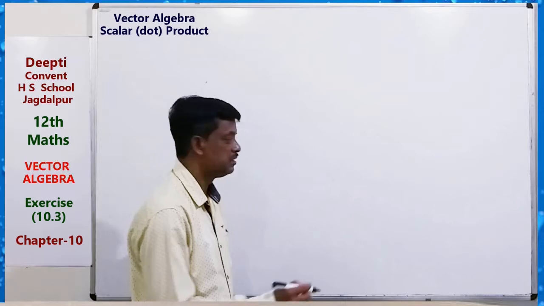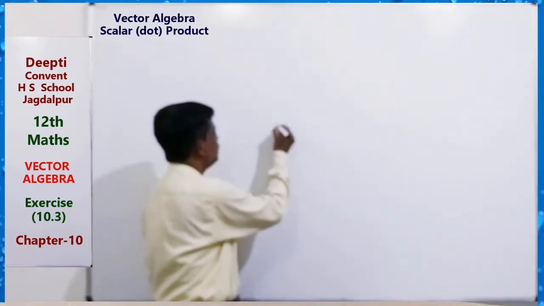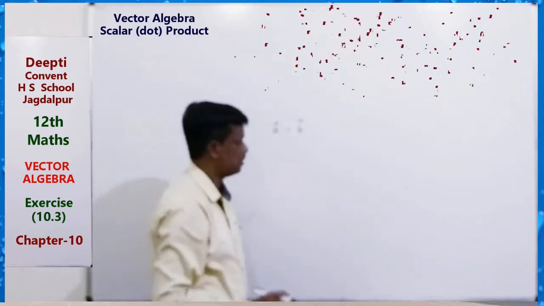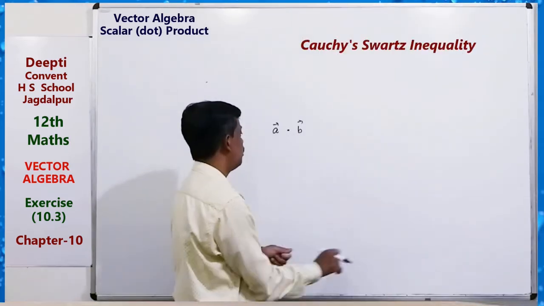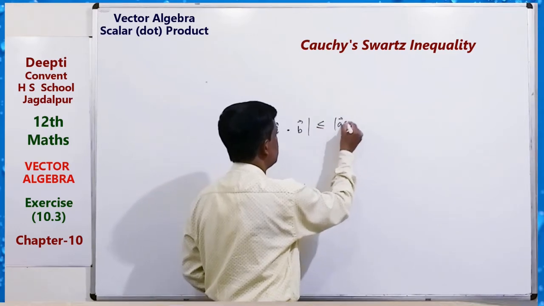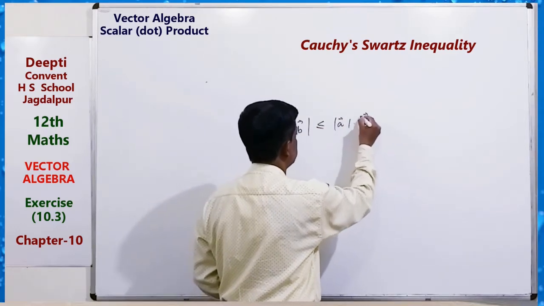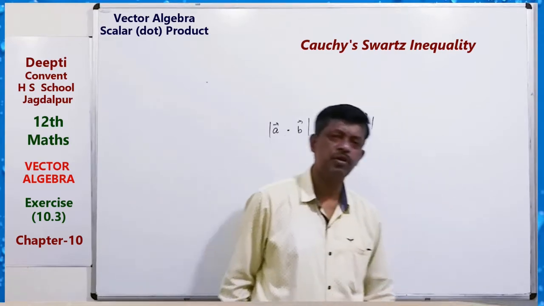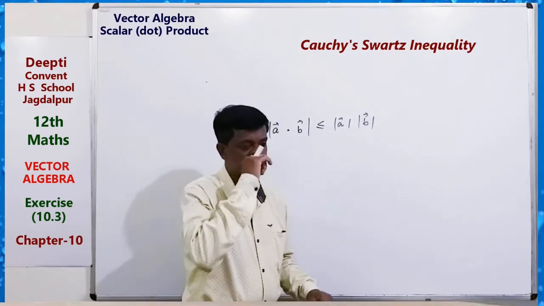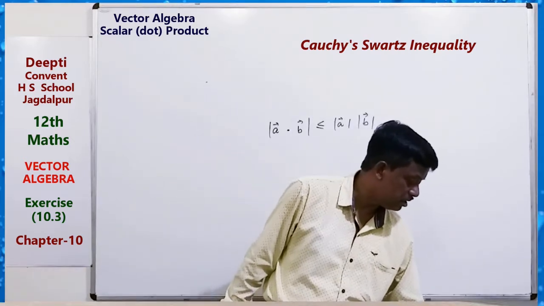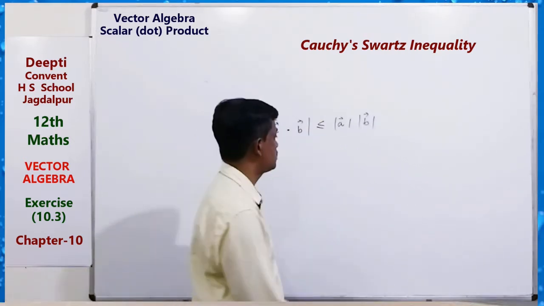That means if A and B are two vectors, then modulus of A dot B is less than or equal to mod A mod B. Mod means modulus. Okay. So A dot B is less than or equal to this, called Cauchy-Schwarz inequality.